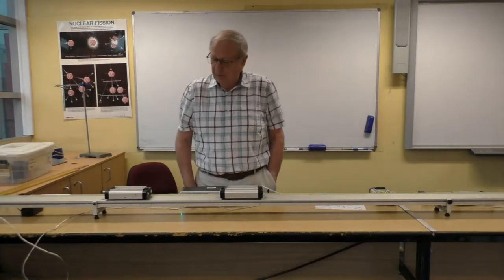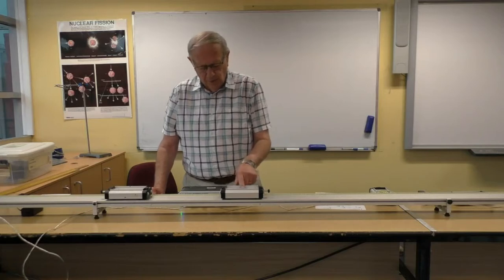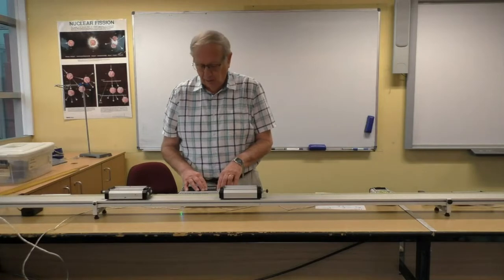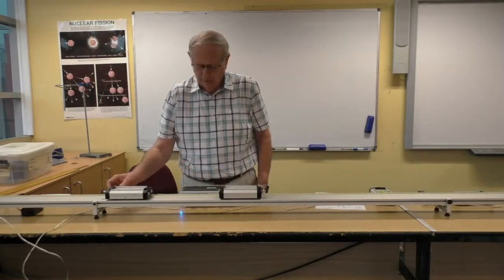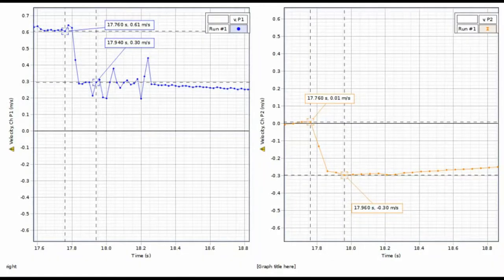Our next collision is between two equal masses. This time they are undergoing an inelastic collision. So these are the results of the second collision, and as you can see there, the initial velocity was 0.61 meters a second, and the final velocity was 0.3.